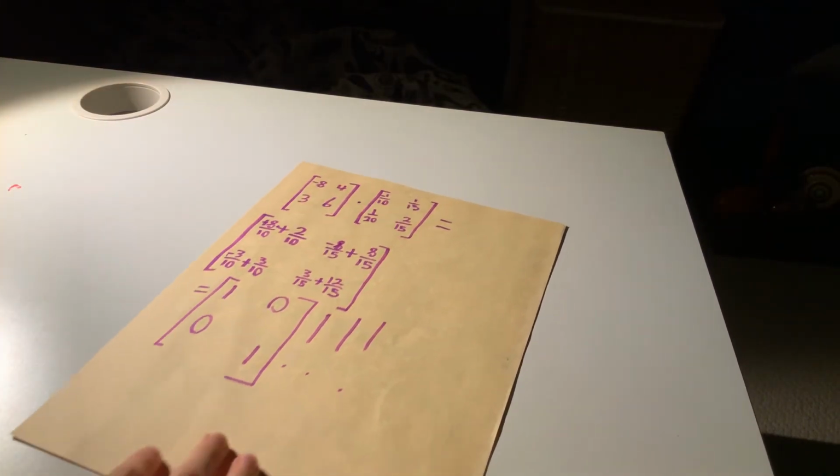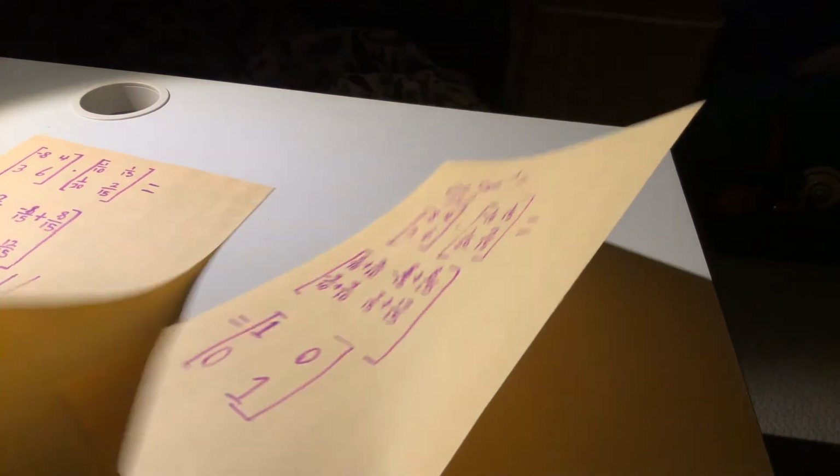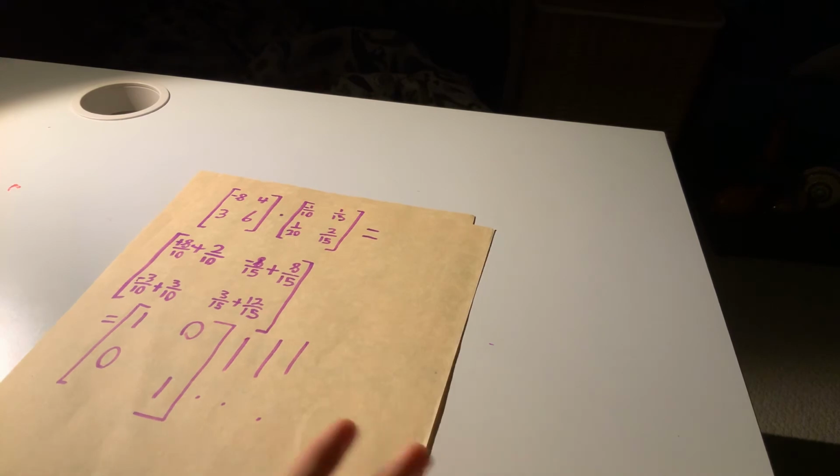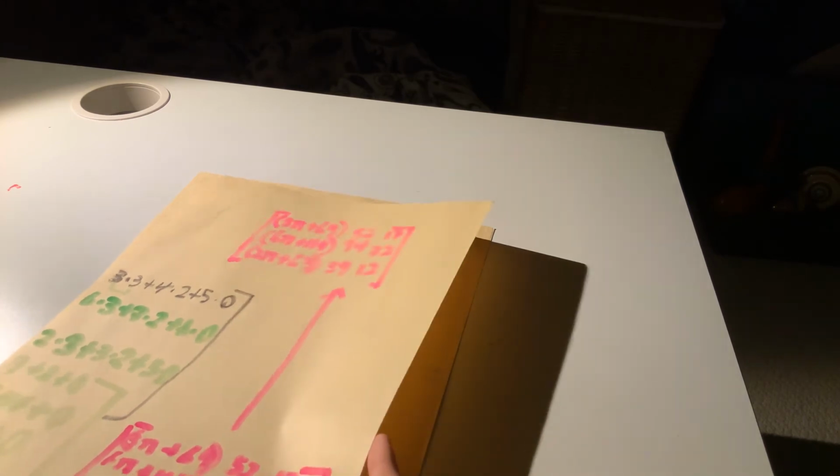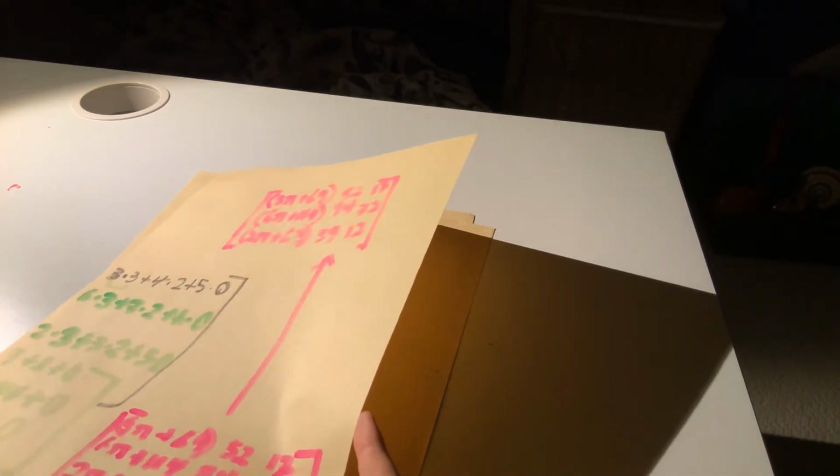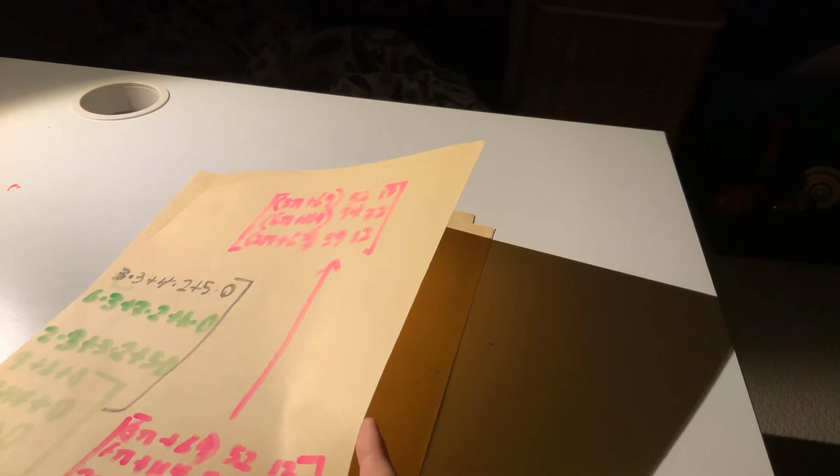Here we just, this is actually looking into the future. I think I wrote this on the back. I wonder where I put my 3 by 3 matrix, remember when we did that? That was the colorful one. Here it is.